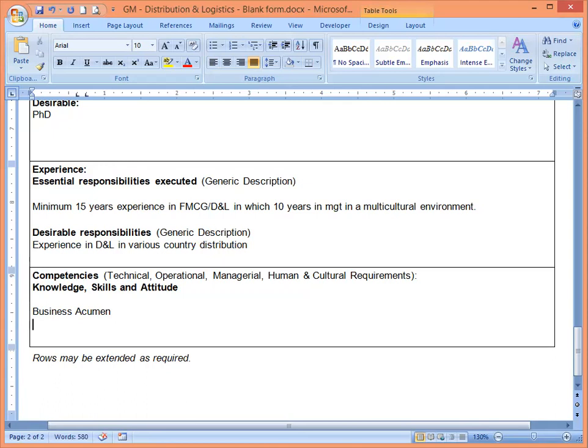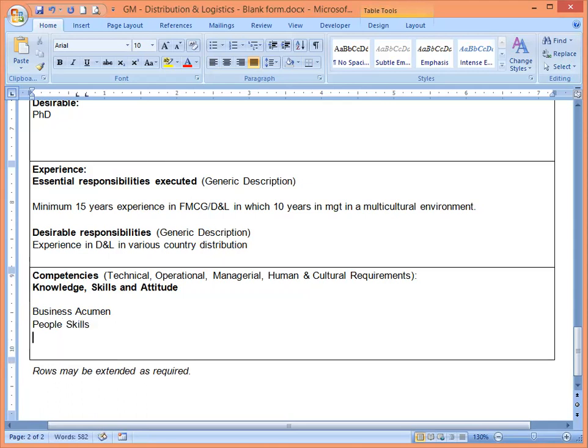Next one would be people skills. The GM should have people skills. What else? He's a communicator. He should be able to get the message across, and is also good in terms of receiving communication.